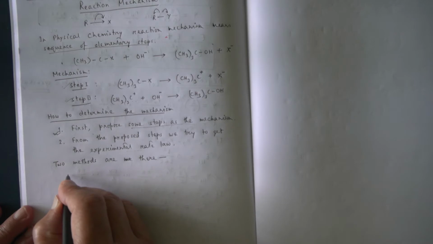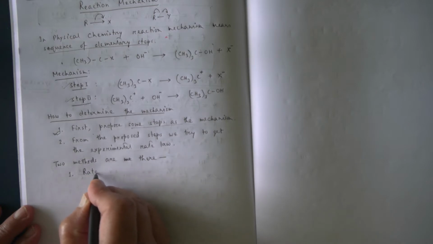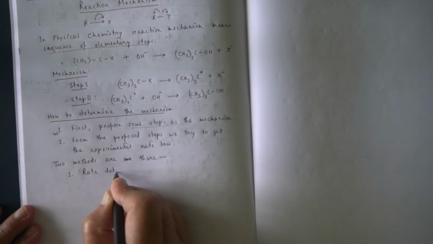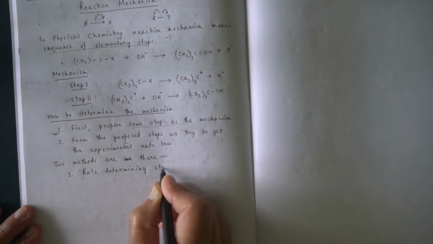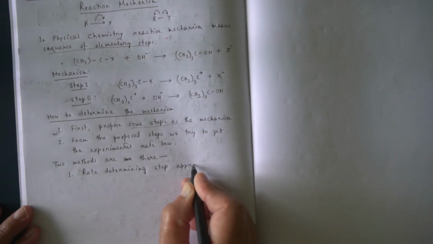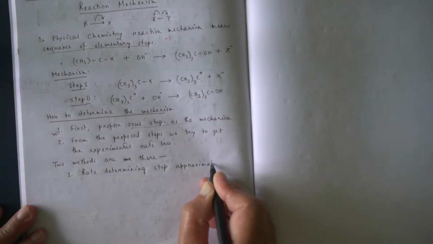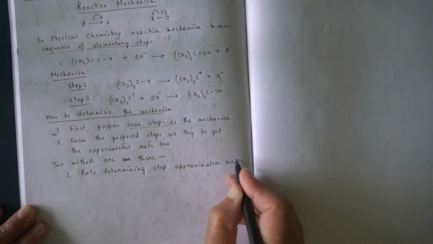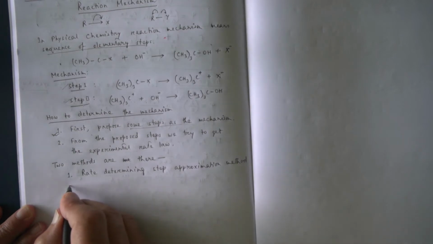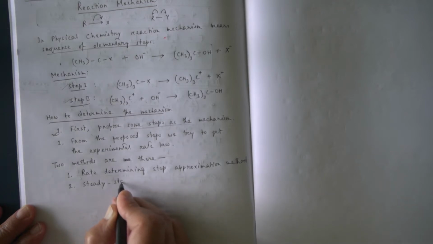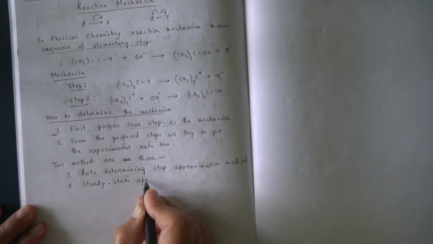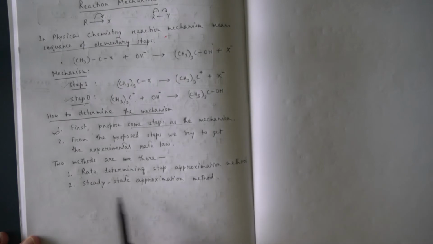One is the rate determining step approximation method, and the other is the steady state approximation method.